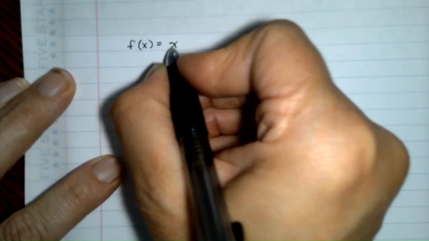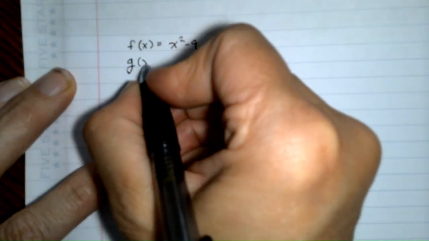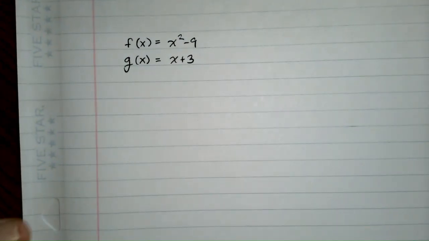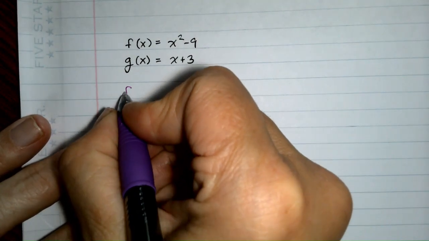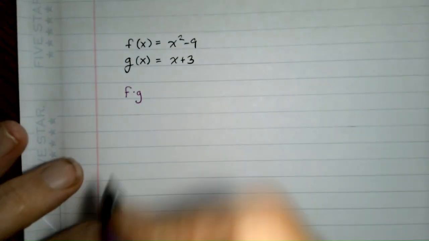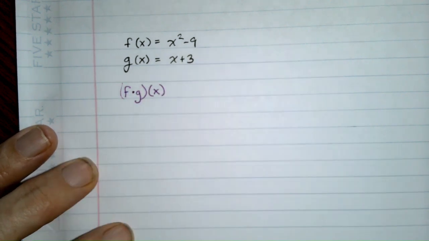So I'm just going to give us a new f. Our new f equation is x squared minus 9. And our g of x is x plus 3. And I did that just to help us shorten our notes up a little bit. So now we're going to do f dot g, f times g, right? Or it might be written f times g of x.